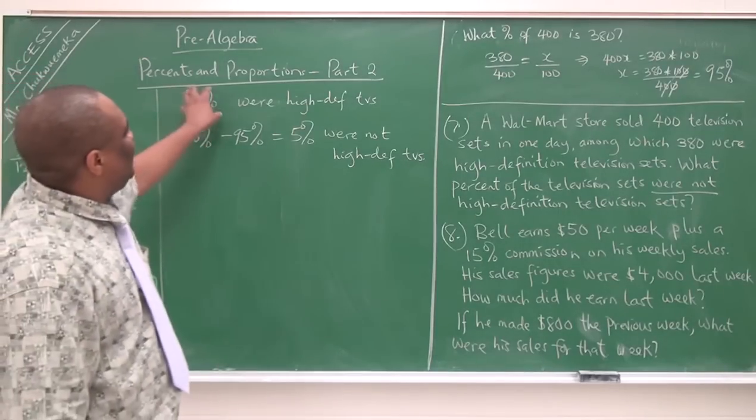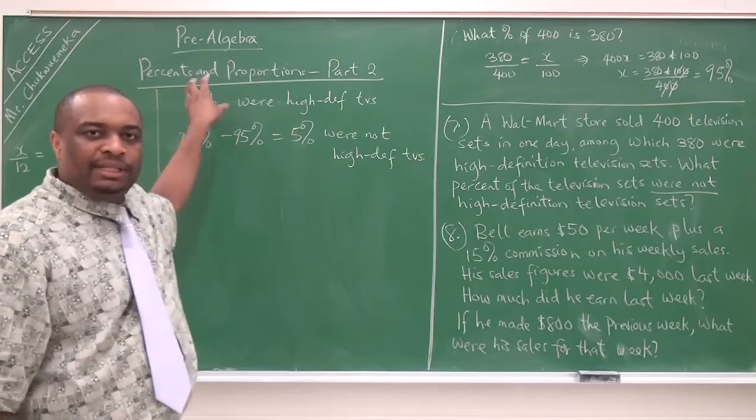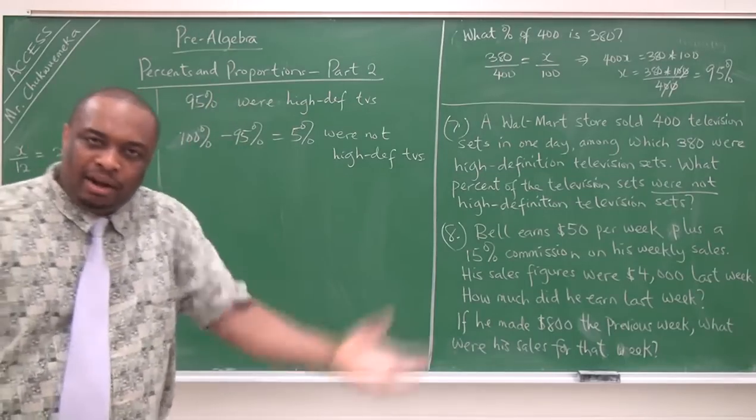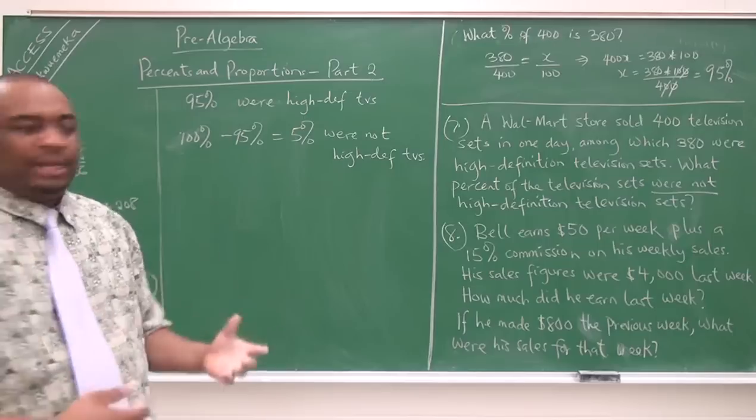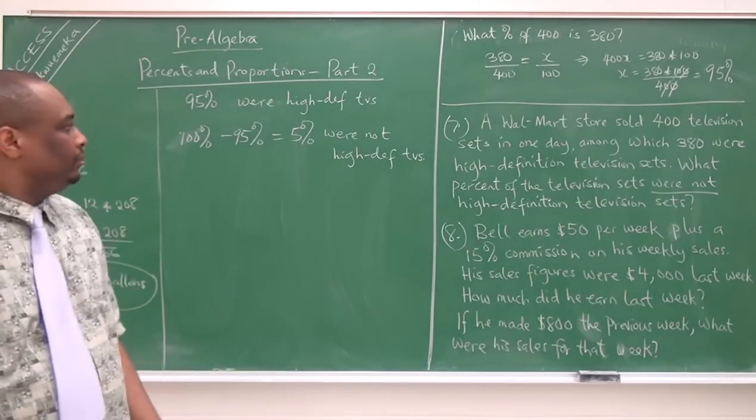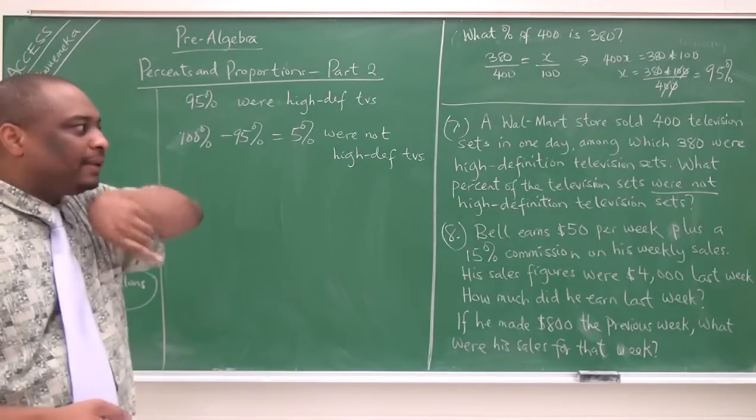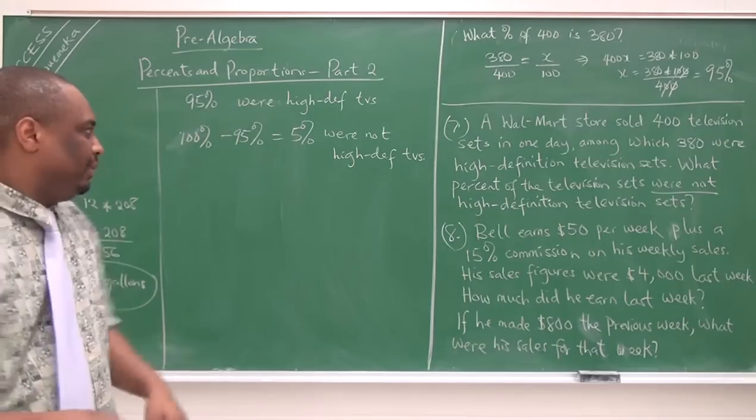So if we find the percent that are high def TVs, we can find the percent that are not high def TVs by subtracting from 100. Okay, so the answer becomes 5%. That is the first way you can do it.